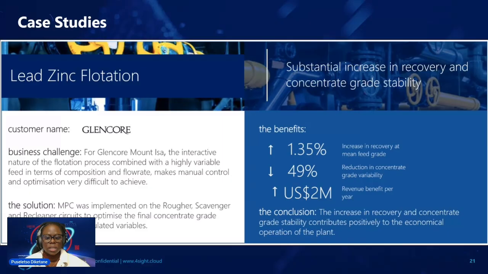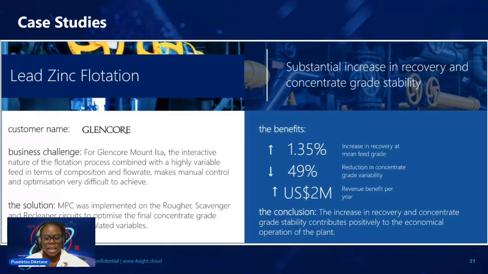Additionally, they were experiencing high variability in their feed, in terms of feed grade and feed flow rate, which made manual control, which is what they were using before we implemented the APC system, quite difficult in terms of stabilizing and optimizing their process. So an APC system for this client was fitted on their rougher section, their recleaners, and their scavenger circuits to be able to optimize their final concentrate grade.